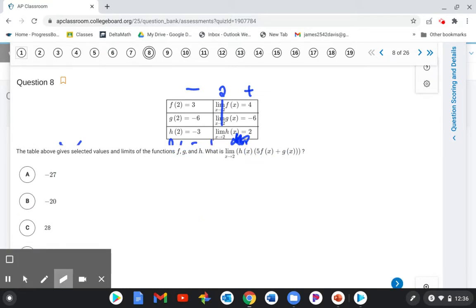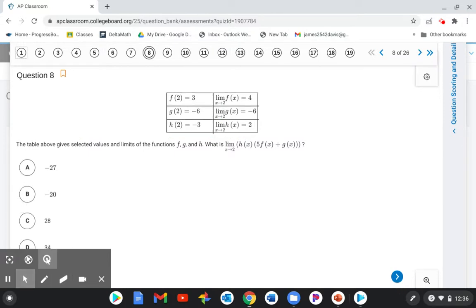All right, number 8. All right, so we need to find the limit of a bunch of these functions put together. The thing to remember here is limits, you can actually sort of distribute them in. Basically, you can bring limits inside of these functions.